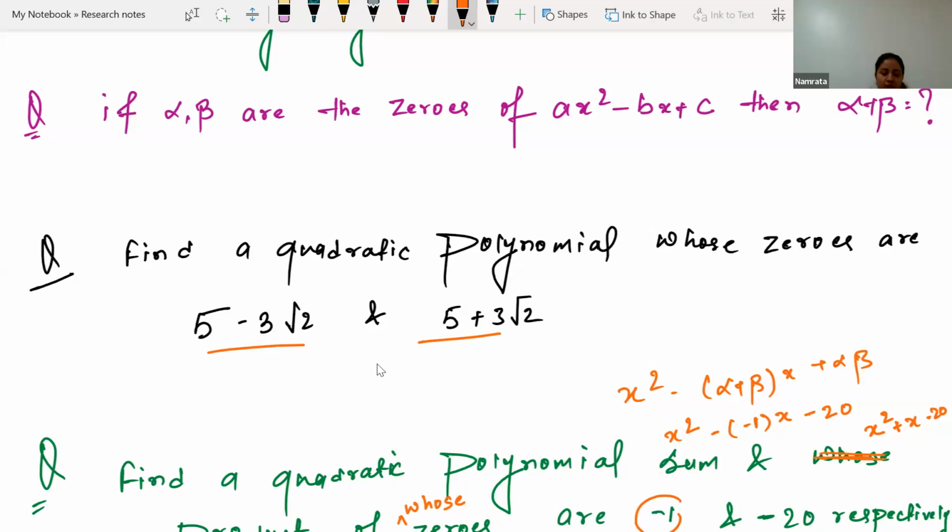Ma'am, the equation will be x square plus 5x plus 5. Okay, let's check. Is it?